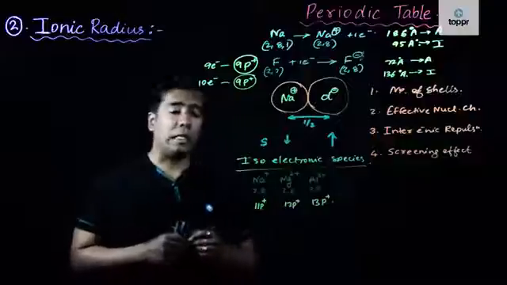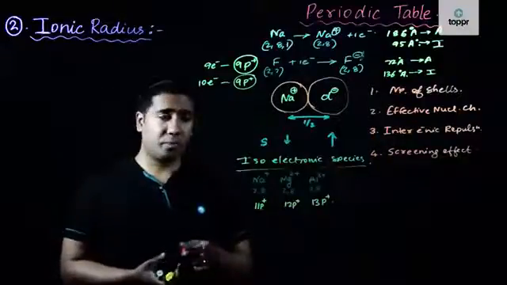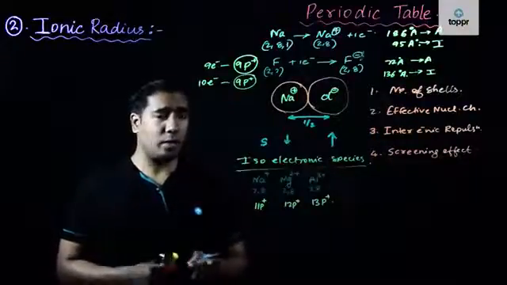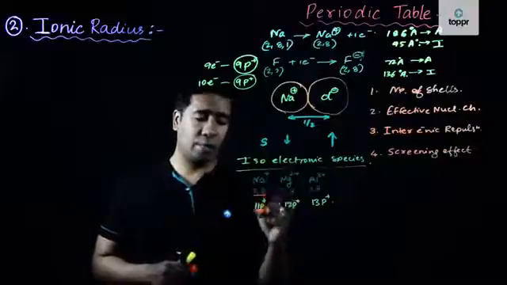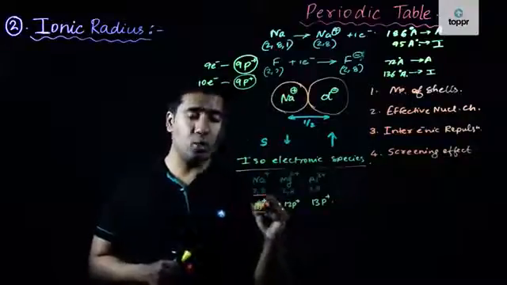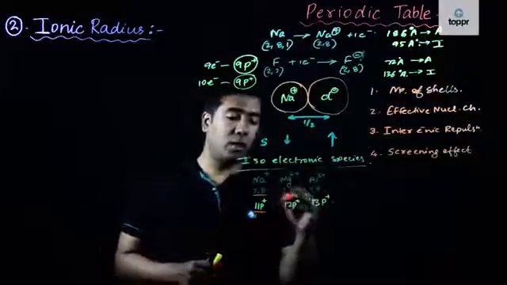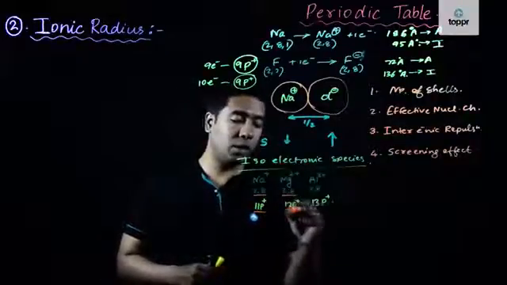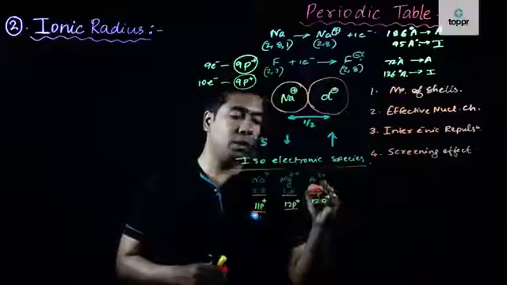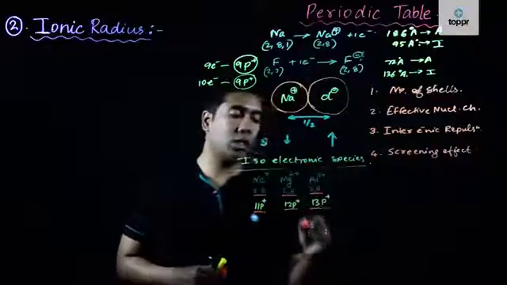As you can see, the number of electrons is the same. We are not arguing about that. Here, the number of electrons is the same. But the nuclear charge increases. In the case of magnesium, the number of electrons is the same, but the nuclear charge is more. In the case of aluminium, the number of electrons is the same, however, the nuclear charge is more.